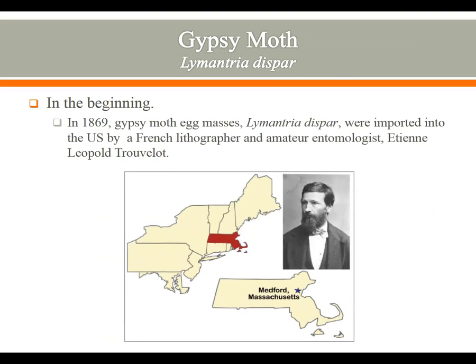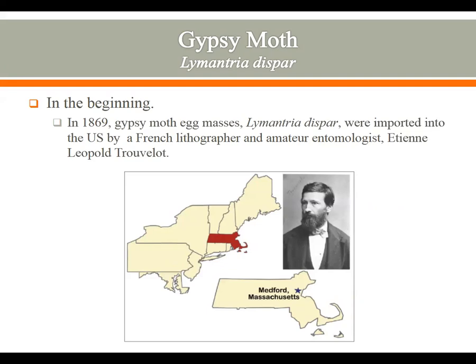We believe he was doing some experiments to try to improve the silkworm with the gypsy moth, the native silkworms here in the U.S., because at the time in Europe, there was a devastating protozoa disease that was killing the silkworms. So they were trying to find something a little bit more resistant to that disease. So that's why he brought it to the U.S., we believe.